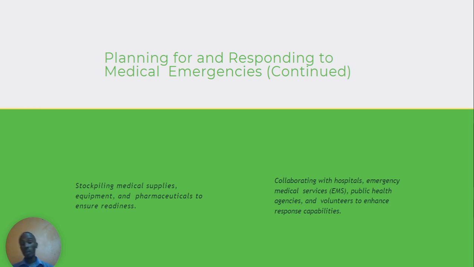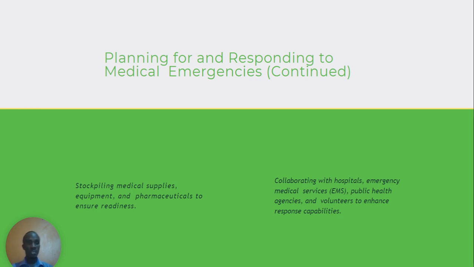Whenever you're preparing for an emergency, you need to stockpile medical supplies, such as bandages and gloves to prevent cross infection between the person giving first aid and the person receiving it.